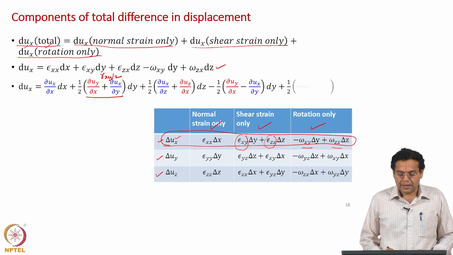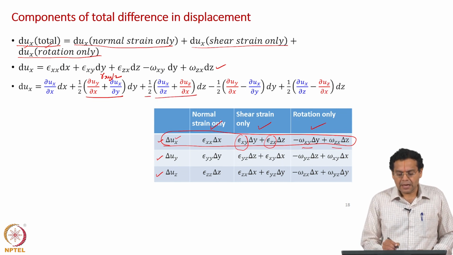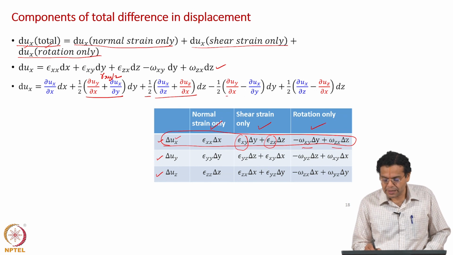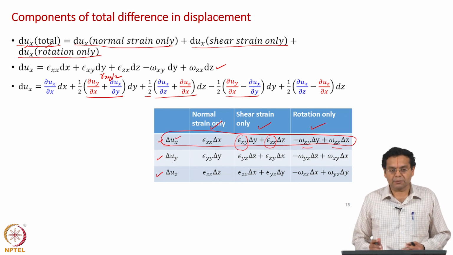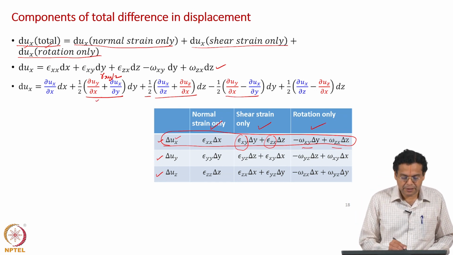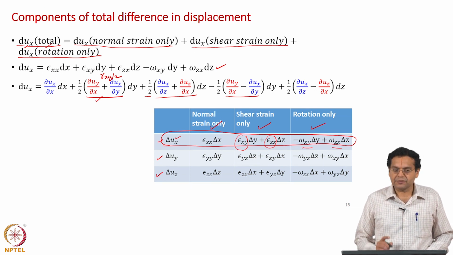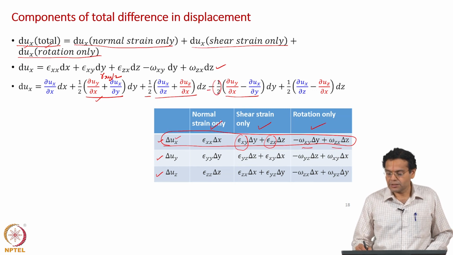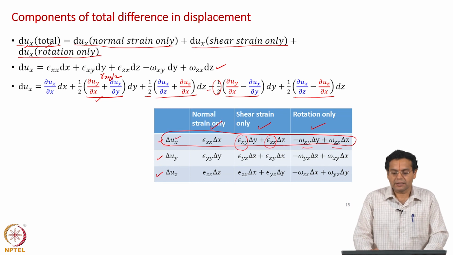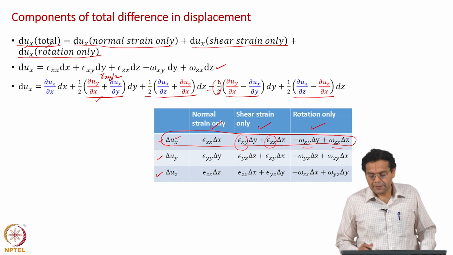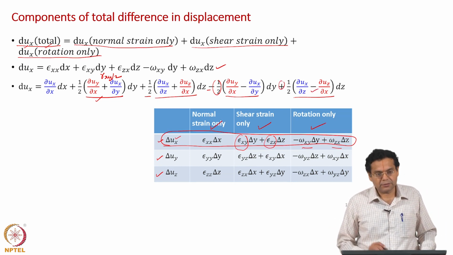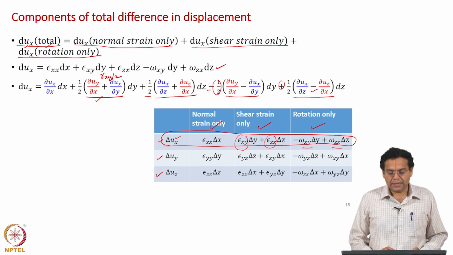Okay. And then epsilon z x, this is gamma z x divided by 2, and omega x y, remember we also discussed how to remember omega x y, the same term gamma x y, and the change of sign, and this also has a half and a negative sign, and then of course corresponding expression for the zx plane with a negative sign here, but this is positive. So, now let us look at the color code here.